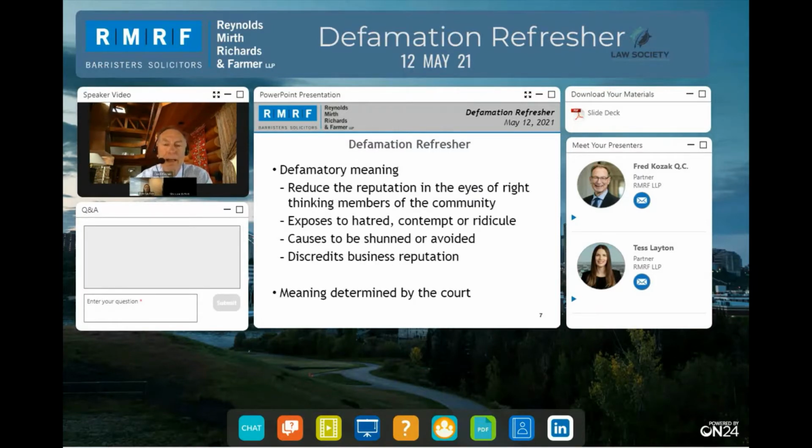Defamatory meaning, well, there are a variety of ways of describing what is defamatory. Some of them you'll see up on the slide screen. I always suggest this: if you're trying to decide whether something is defamatory, the test that I try to use is I substitute my name for the name of the potential plaintiff, and I ask myself, do I think that people who know me and saw this statement about me would think less of me?